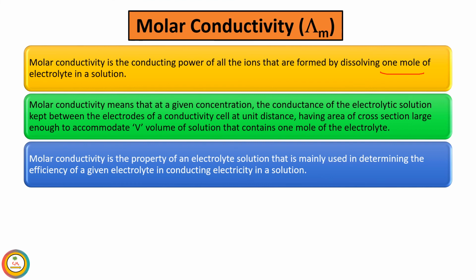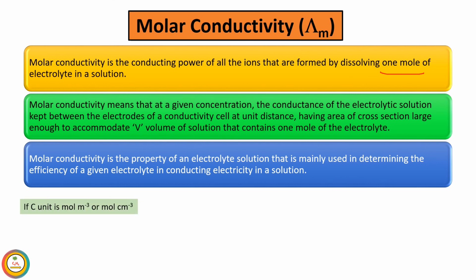If we compare two electrolytes of the same concentration, and for one electrolyte molar conductivity is high and for the other it is low, we can say the high conductivity electrolyte is more efficient in that it can generate more ions, which can pass a high amount of electricity. So we can compare the efficiency of two different types of electrolytes.